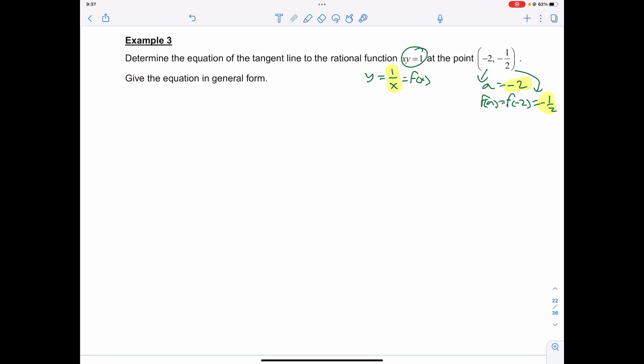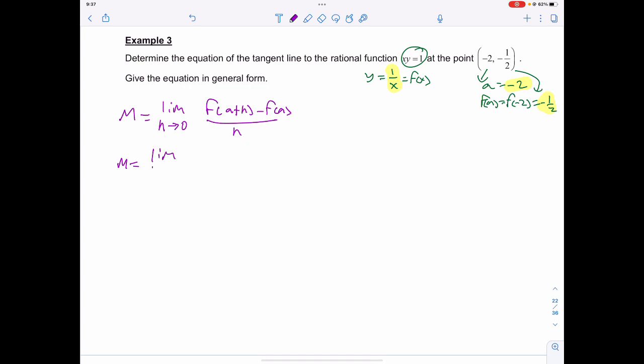And at this point, I'm going to pick one of my formulas to use. Doesn't really matter which formula I pick. And I'm going to say, let's use the h formula. The slope as the limit h approaches 0 of f of a plus h minus f of a divided by h. I'm going to substitute the values in.